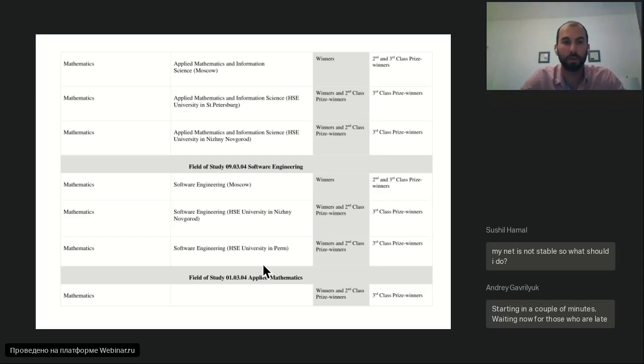That doesn't mean you get lost. That doesn't mean that you lost your opportunity. You can just apply for another option, and also you can try applying for the same direction but in a different campus. So you have several options for what to do.